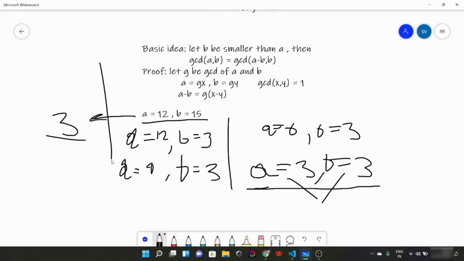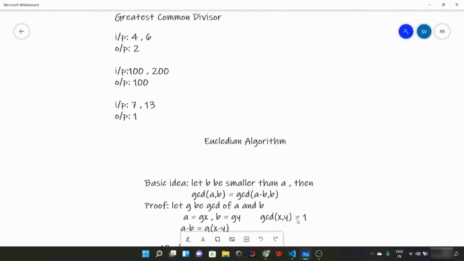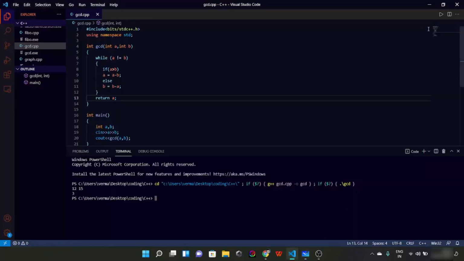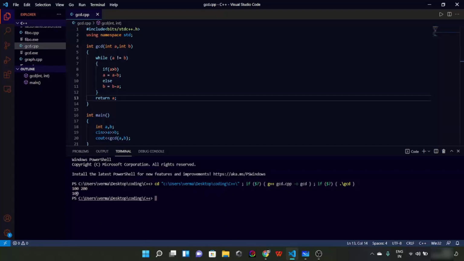GCD is 3 here, right? Now let's have another example of 100 and 200. Okay, so 100 and 200. See, GCD is 100, which we saw in our example.